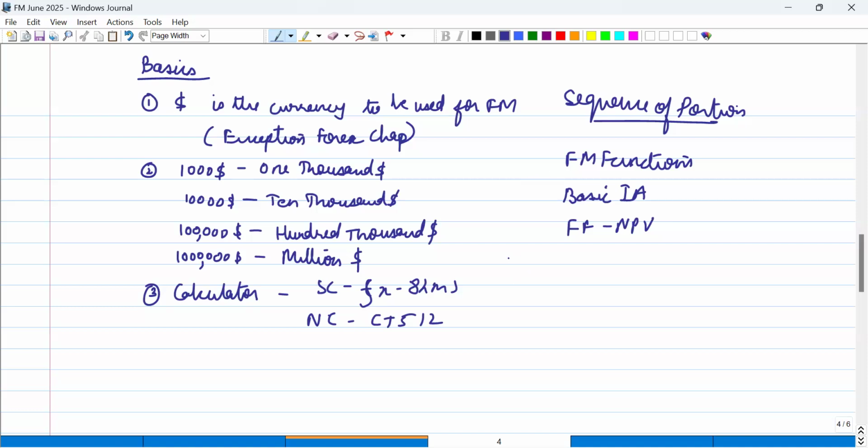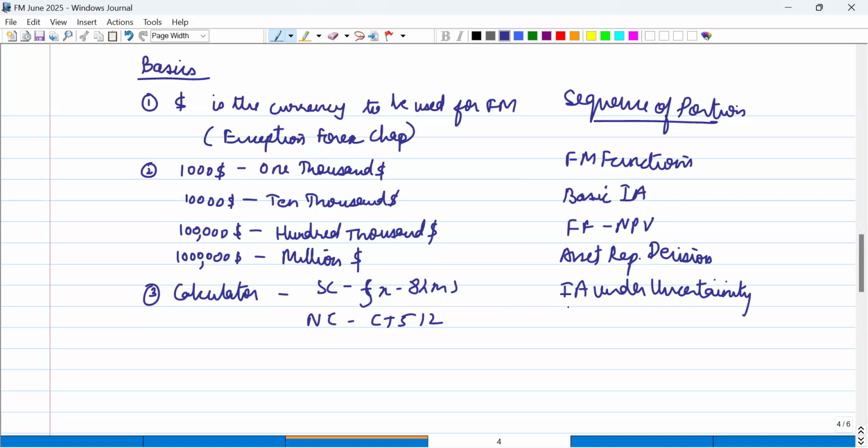Then generally I go to asset replacement decision, correct? Then what do I go to after this? Investment appraisal under uncertainty after this, correct? Investment appraisal under uncertainty, done.